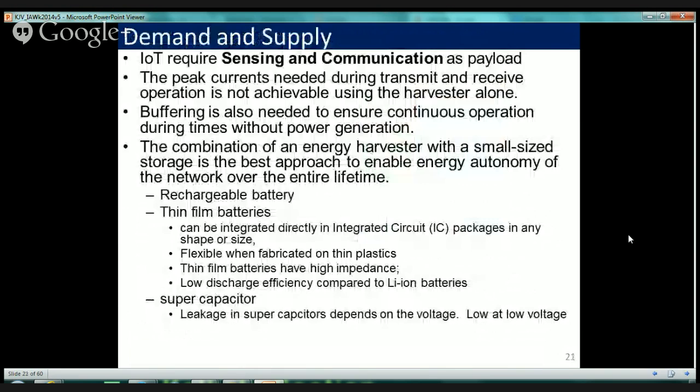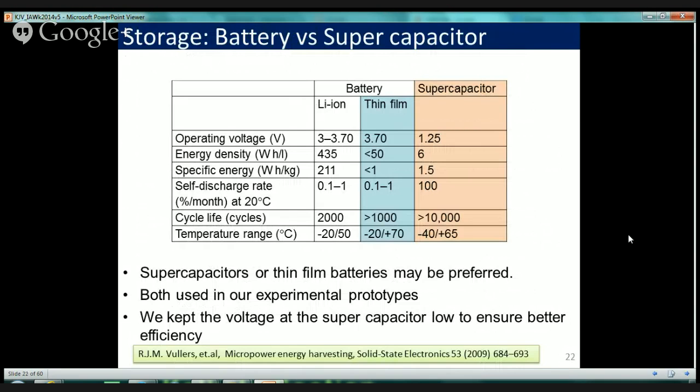We have the now widely popular lithium-ion batteries. There are thin film batteries which have much smaller energy density, and there are also supercapacitors, which can be charged very quickly and can be used for many more charge-recharge cycles.